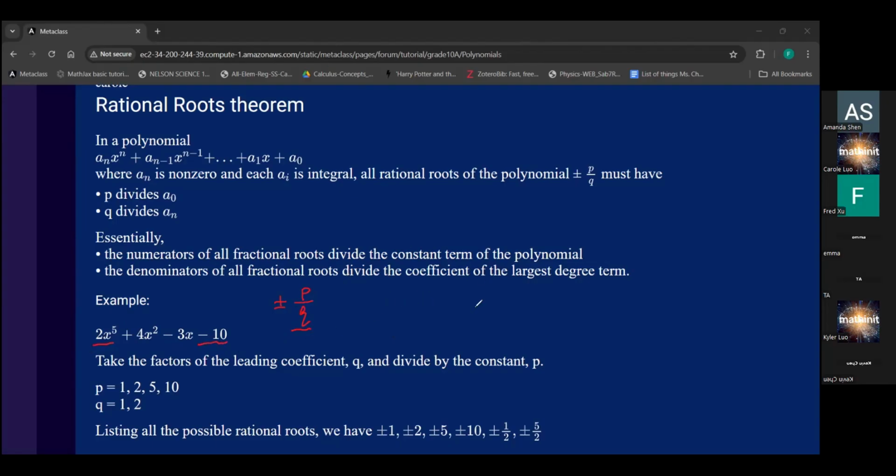So the way you can write this is, p is the -10 here, and then the q is the 2 here. So remember, this is the plus or minus, and -10 divided by 2 is just -5. So since it is a plus or minus, you can just write this as plus or minus 5. Okay, so this is a possible root.